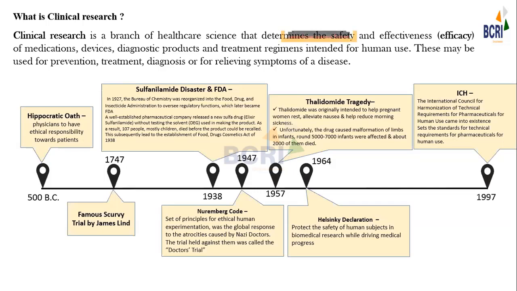Whichever pharmaceutical company, be it Pfizer, Merck, Sun Pharma, or Novartis, any pharmaceutical company is going to follow the ICH guidelines. The ICH guidelines were established by the then first world countries, but now a lot of developing nations are also part of the committee that creates the ICH guidelines.